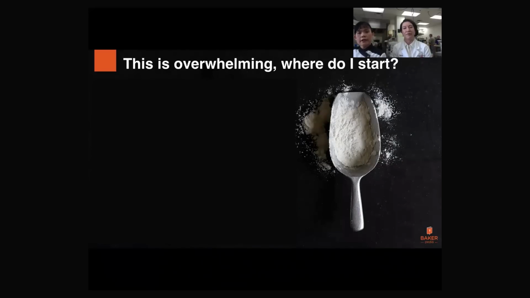Okay. Next question. Is there a reason to add alpha amylase to a frozen bread dough if you're already adding sugar? Yeah, we typically add amylase to just about any form of bread products that we make because you get such nice performance during baking.